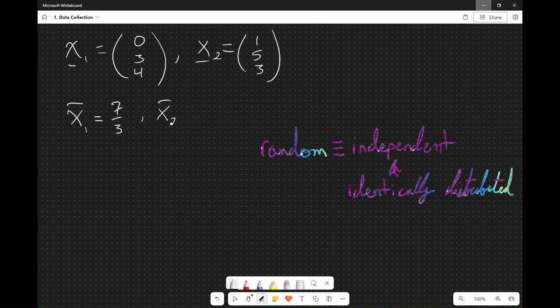But the mean of X2, so the measure of center of X2, is equal to 9 divided by 3, which is equal to 3. So we can see that these are not the same number, and therefore this is what we call sampling error: the mean of X1 minus the mean of X2 is not equal to 0. And that's what we refer to as sampling error.